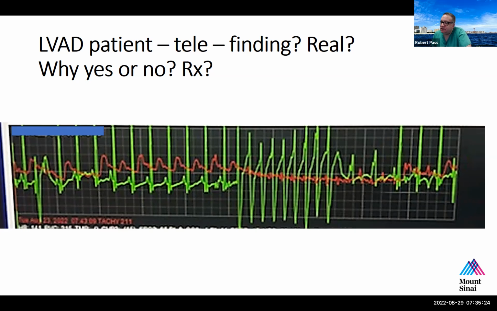So any thoughts on why this patient might have this? Yeah, if it's an LVAD patient, it's likely that there was an incision done on the ventricle. And also, if it was a cardiomyopathy patient, then they are at risk. Their ventricular myocardium isn't normal to begin with.